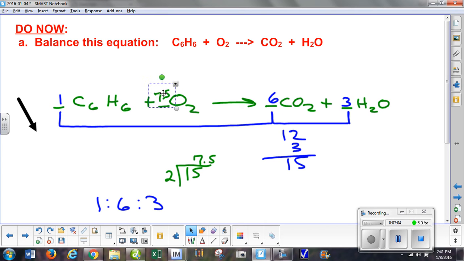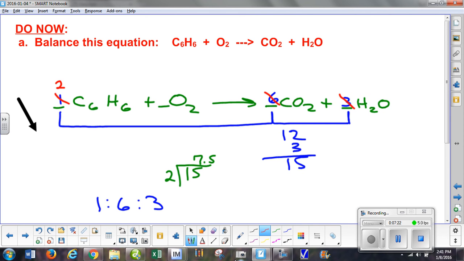You can get rid of this 7.5 and go back, cross out the blue numbers, and multiply those blue numbers by 2.